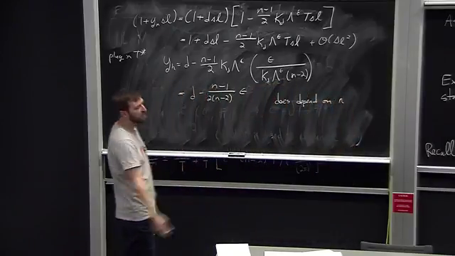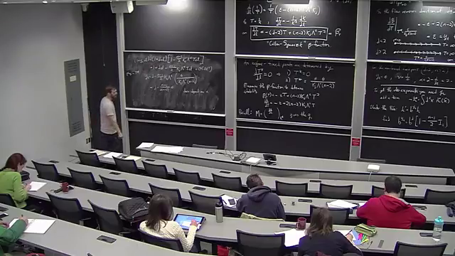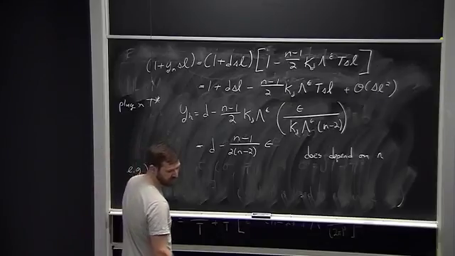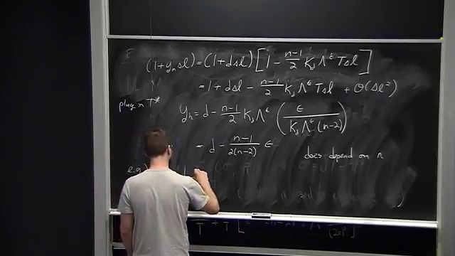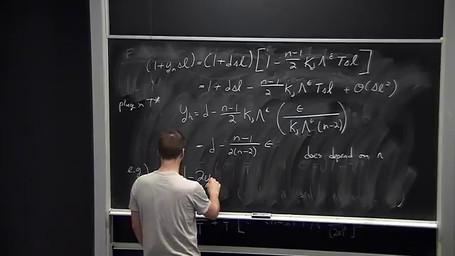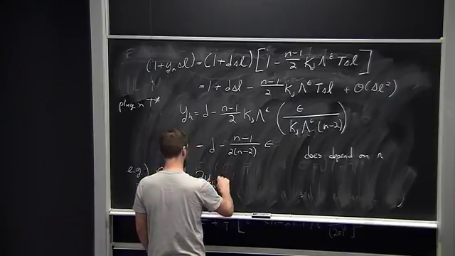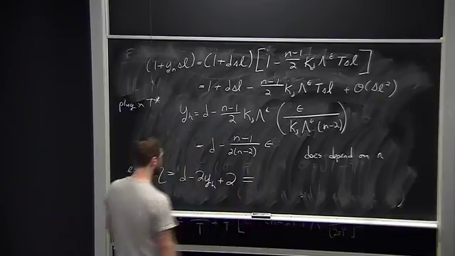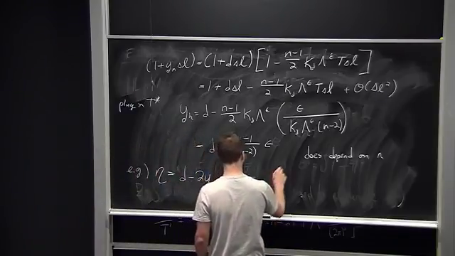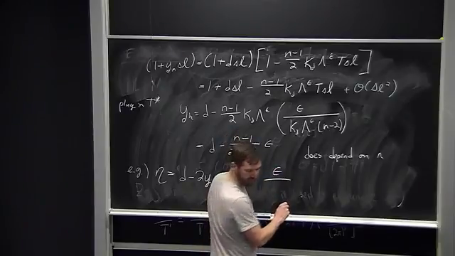And you can get all your exponents from this, including things like the anomalous dimension, eta, what is it, d minus 2y_h plus 2, I think. So check this, I got epsilon over n minus 2.